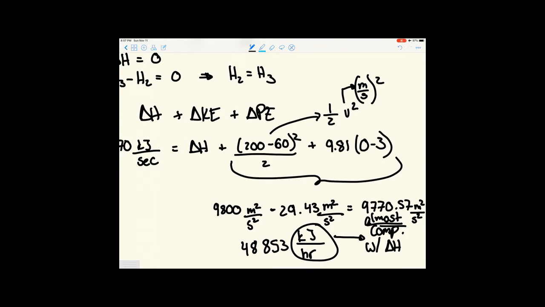There's one more conversion that we're going to have to do after that. Once we know that the initial 9,770.57 meters squared per second squared is equivalent to this number, we can move on with the problem and tackle the other side of that equation.